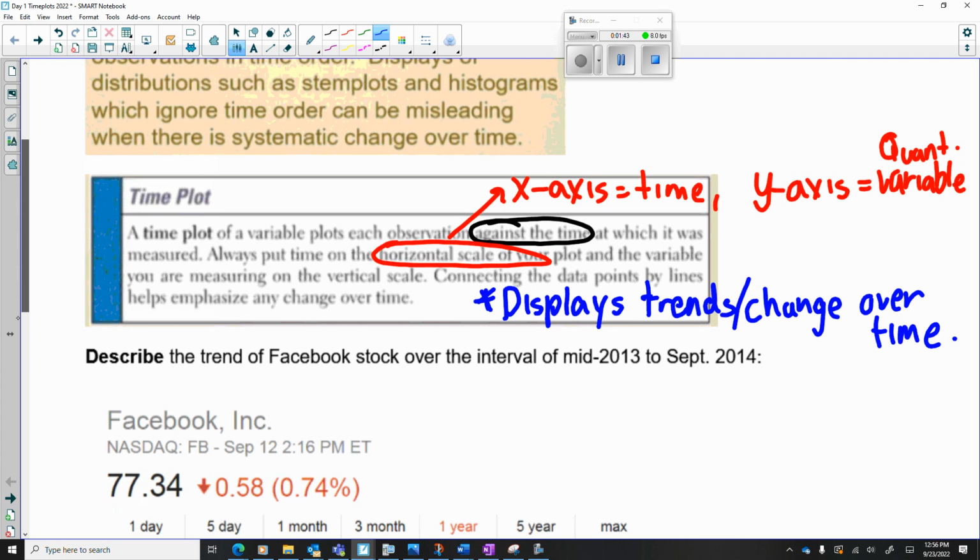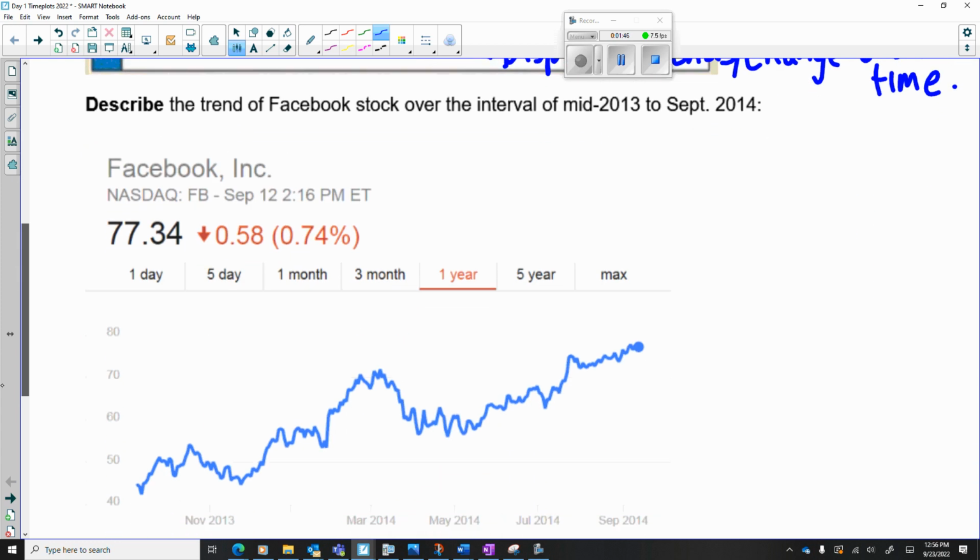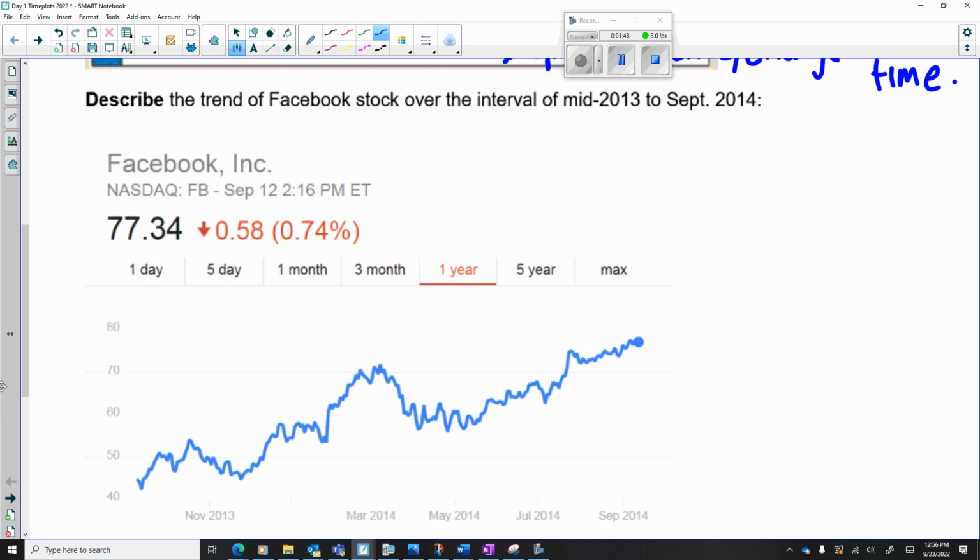So if you look down below here, this is the trend of Facebook stock. Some of you have phones that have a stock app, and if you click on that, you'll see something like this. It is a time plot, and in this case, there is a time interval on the x-axis from mid-2013 to September 2014.